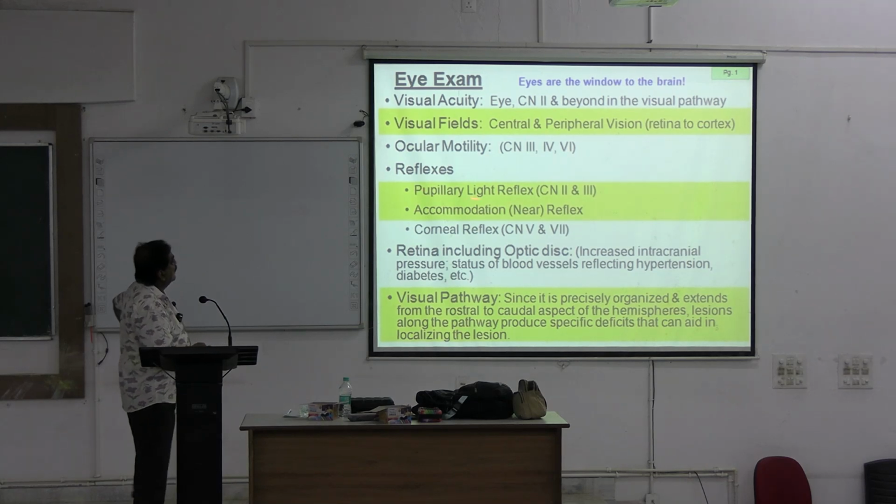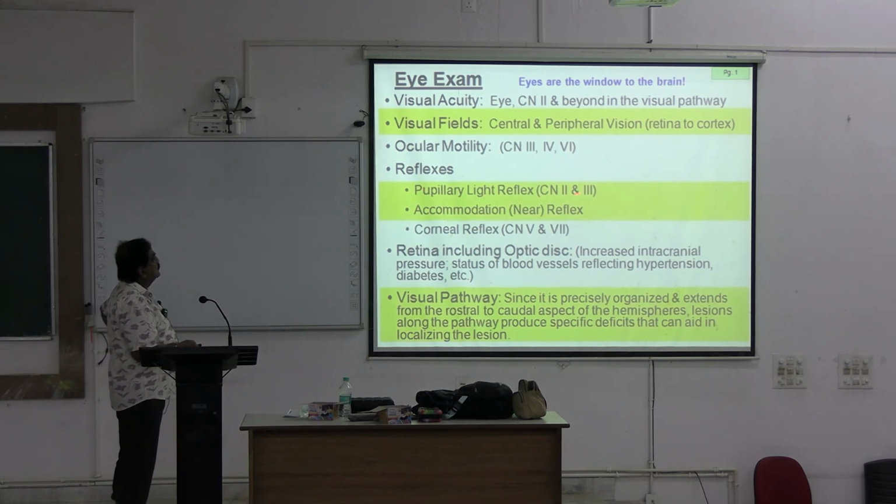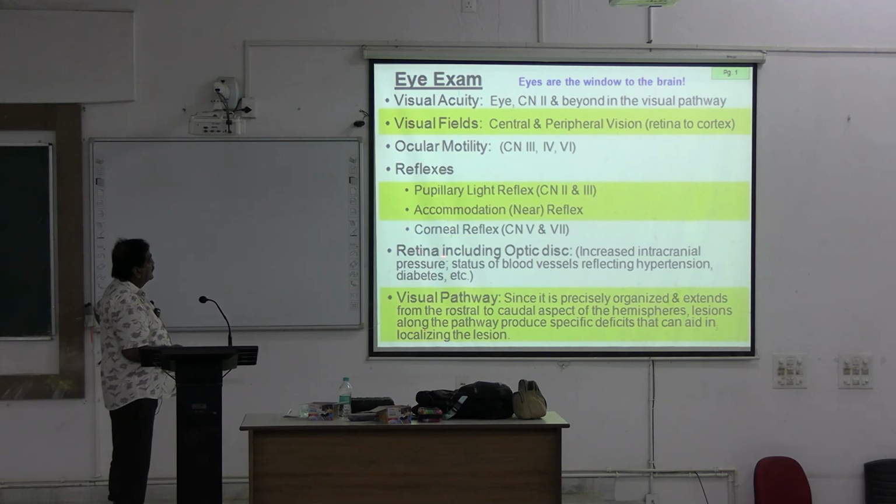Reflexes: pupillary light reflex, CN2 and CN3. Accommodation near reflex. Corneal reflex, CN5 and CN7. Retina including the optic disc: increased intracranial pressure, and the status of blood vessels, reflecting hypertension, diabetes, etc.